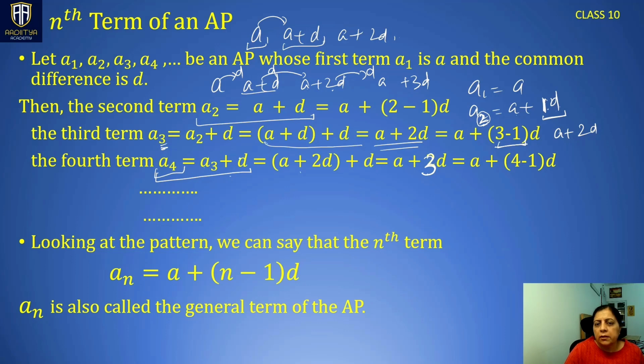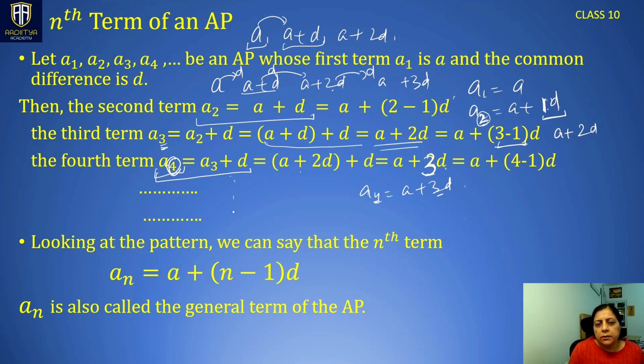Here also this is a4. So that means a4 is equal to a plus 3d. If you can see, the number of the term is 4 and the coefficient of d is 1 less. So this pattern has been maintained throughout. Whatever the number of the term is, the coefficient of d in that case is 1 less than the number of the term.